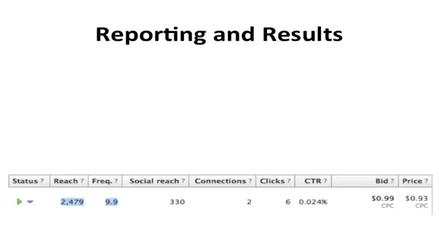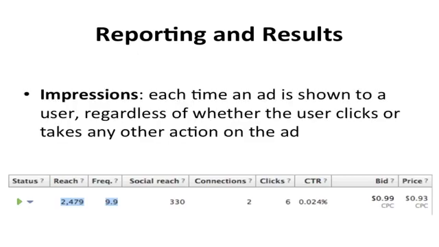Here's a quick example of an ad that I've run this week. As you can see on the left-hand side, let me just explain what these results mean. First of all, the impressions. That's worked out each time an ad is shown to a user, regardless of whether the user clicks or takes any action on the ad. So the reach, it's actually gone out to 2,479 people.